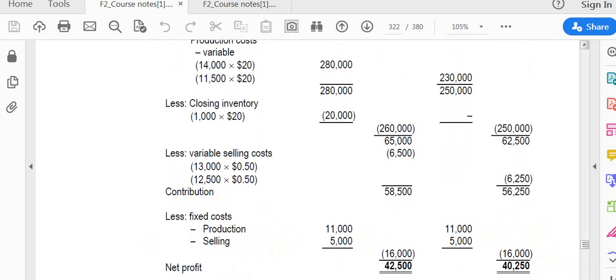We take out our fixed costs, which remain the same, 11 and 5 respectively for production and selling, to give us net profit of 40,250. That's how marginal costing computations are done.